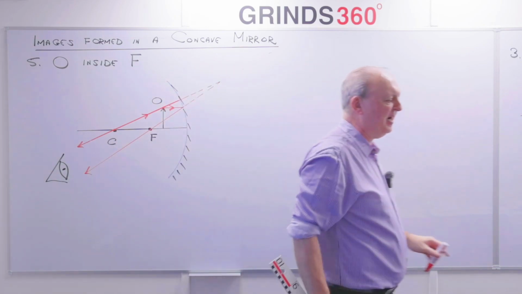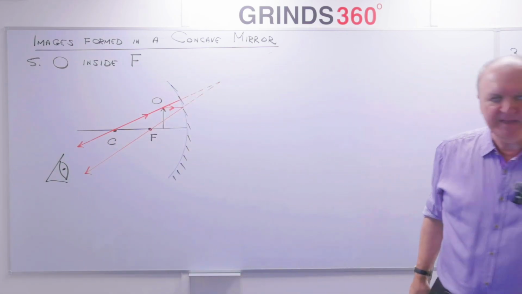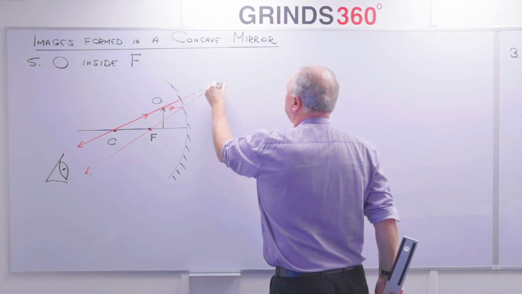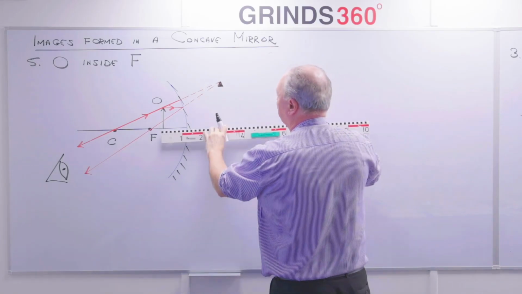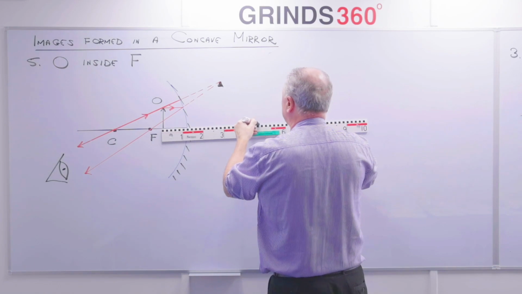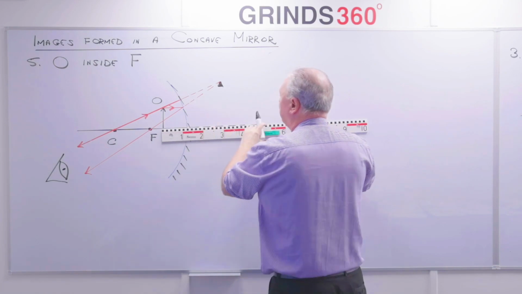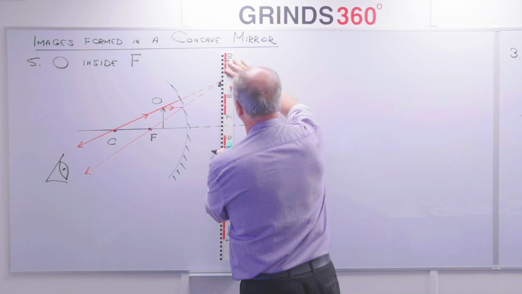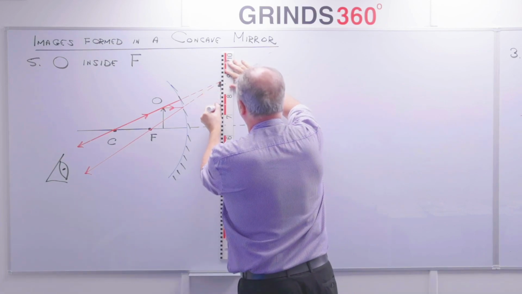So the tip of the arrow appears to finish up here. Let me extend the principal axis to the right-hand side. And all the other points in that arrow will go down to the principal axis, as so.